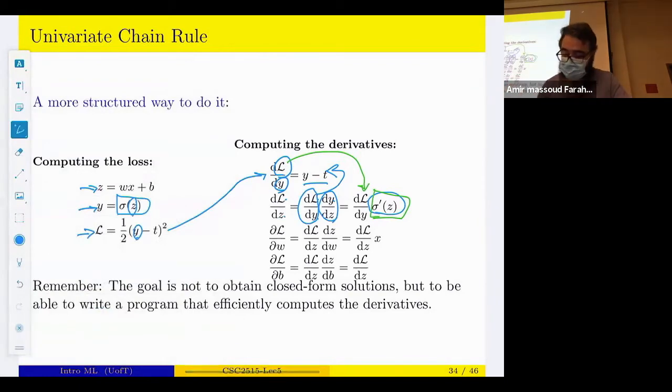Now I can compute the gradient of L with respect to W, the weights.